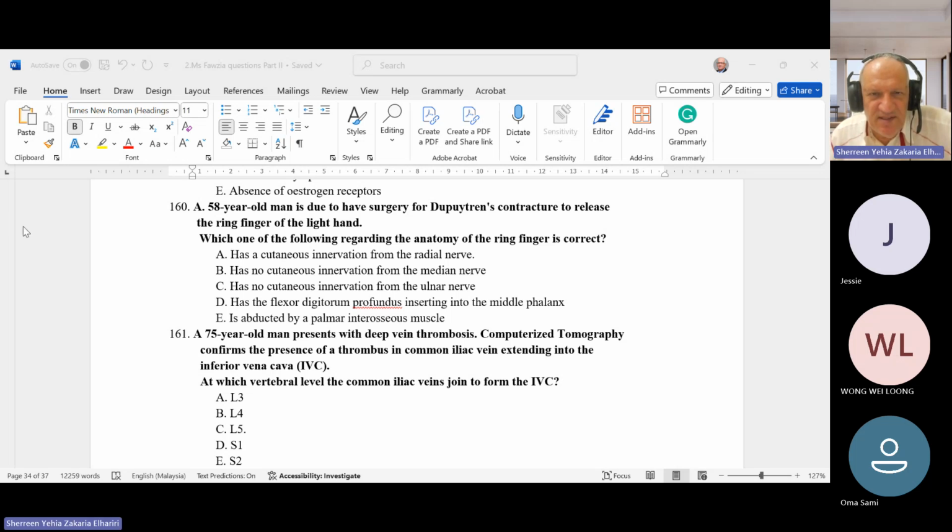If I mention radial, median, ulnar, it is correct. But here, because they have dual innervation from median, it is correct. If they say median only, it is wrong, and not ulnar only, because in the ring finger you can find most of the nerves shared. Of course, flexor digitorum profundus is inserted not in the middle phalanx, but in the distal phalanx.